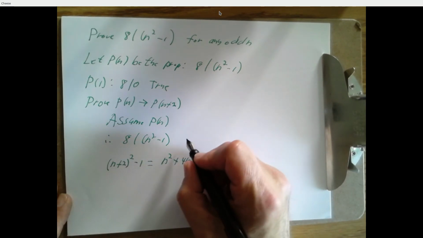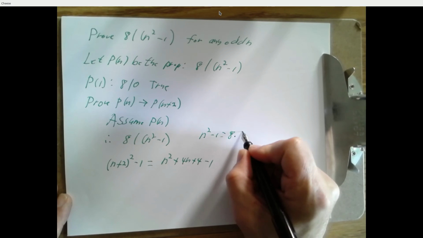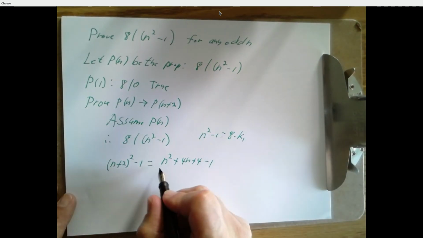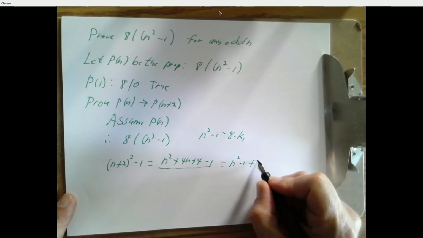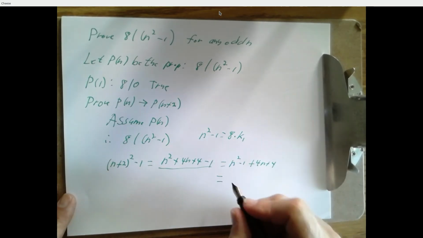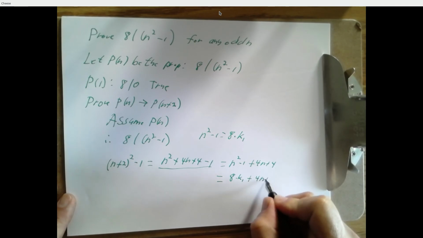If 8 divides n squared minus 1, we can say n squared minus 1 equals 8 times, let's say, k1. So I'm going to write this expression as n squared minus 1 plus 4n plus 4. And now n squared minus 1 I can write as 8 times k1 plus 4n plus 4.